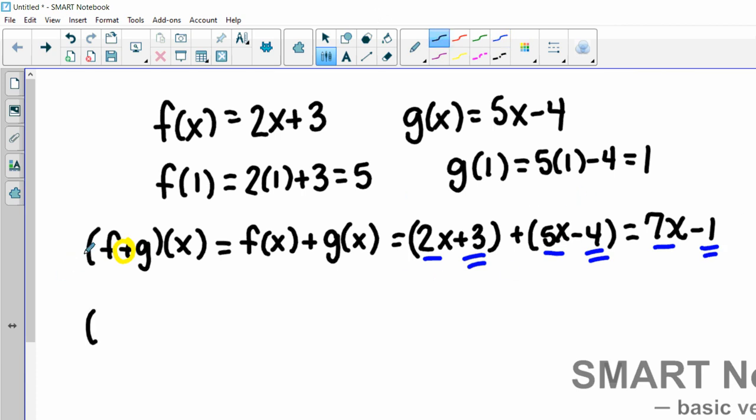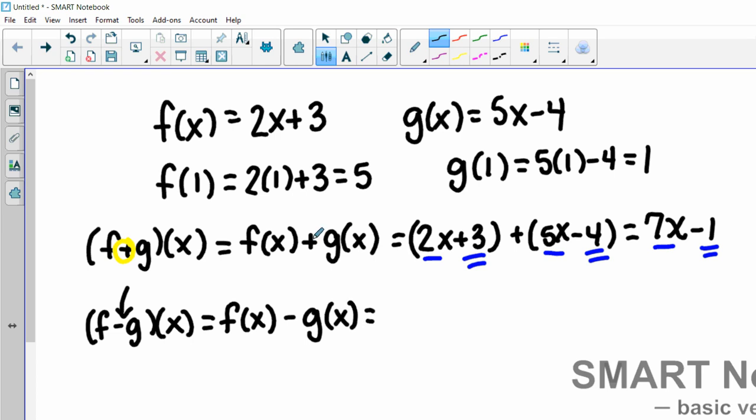Now, similarly, if we're asked to find f minus g of x, the minus sign implies that we're going to take whatever f of x looks like, and we're going to subtract g of x from it. Again, subtraction of polynomials is something we did before.